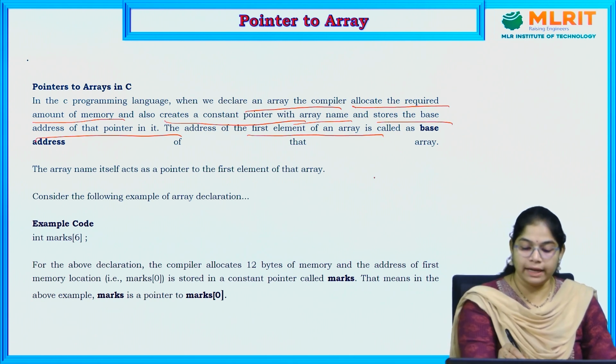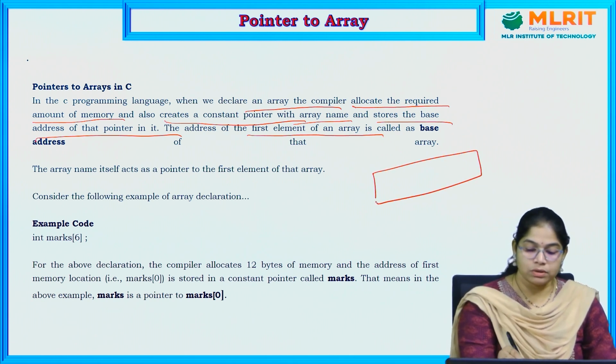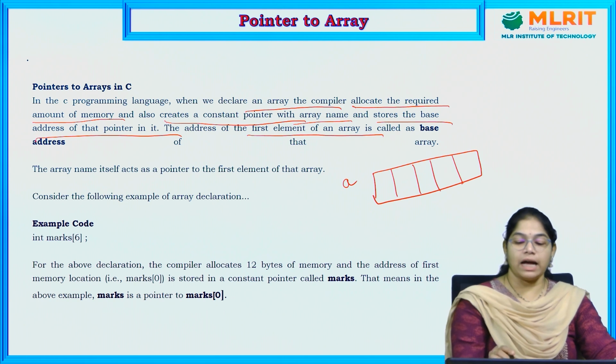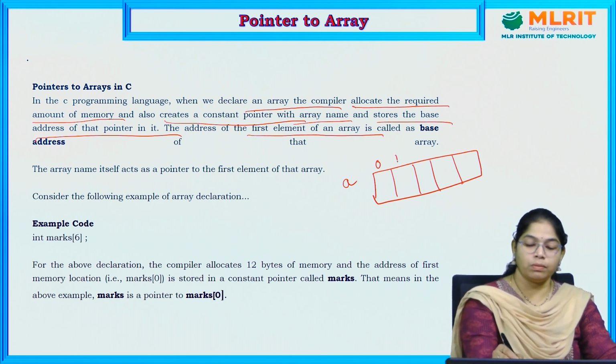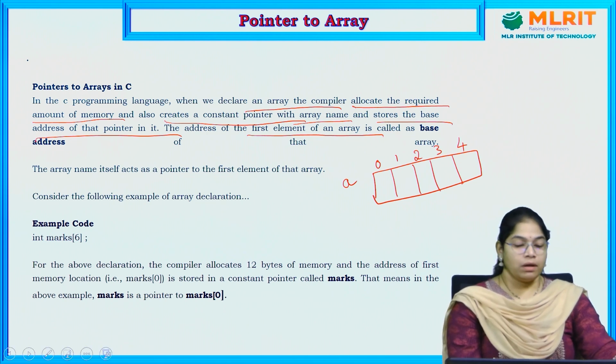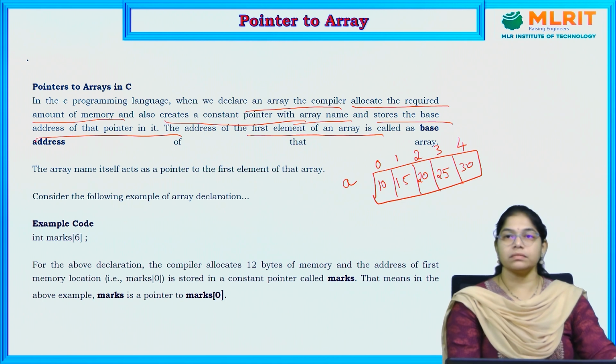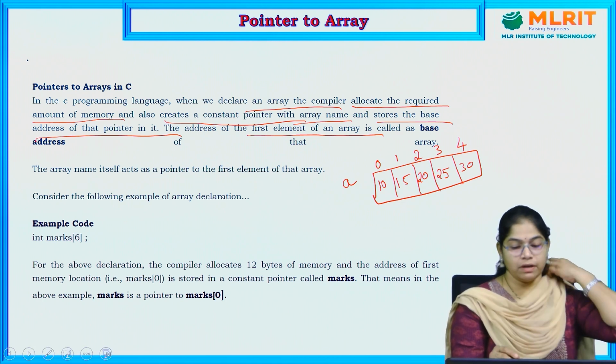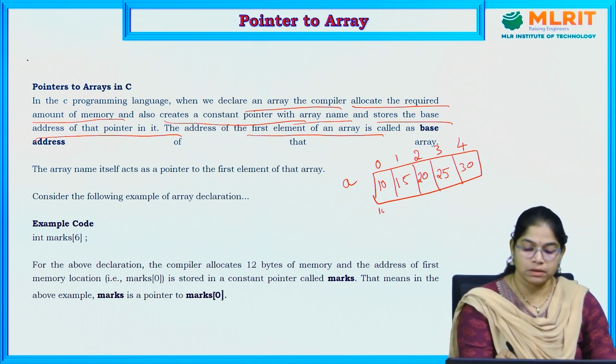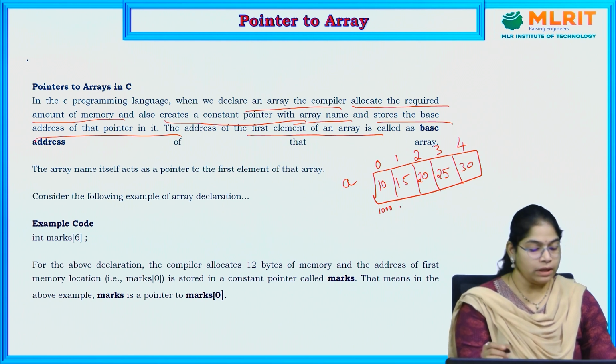Let us consider an array. Suppose this is an array. The array name is A. We know that the array index starts from 0, 1, 2, 3, 4 and ends with n minus 1. Suppose here I am storing the data items 10, 15, 20, 25 and 30. The address given to the first index is, suppose, 1000.